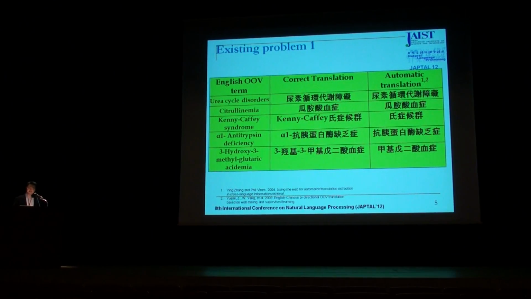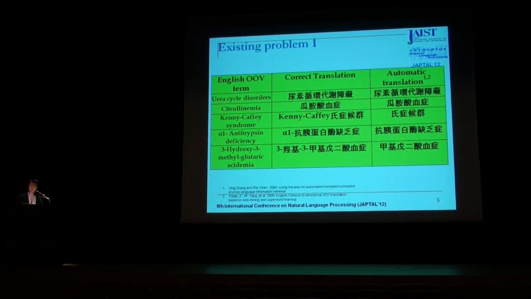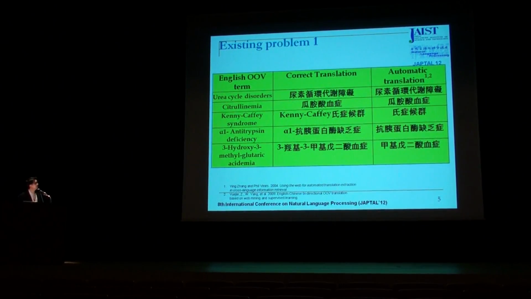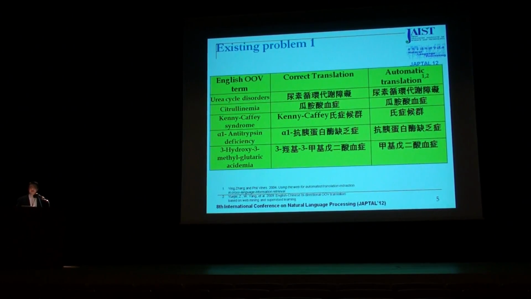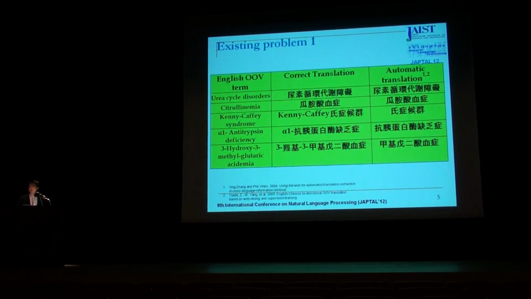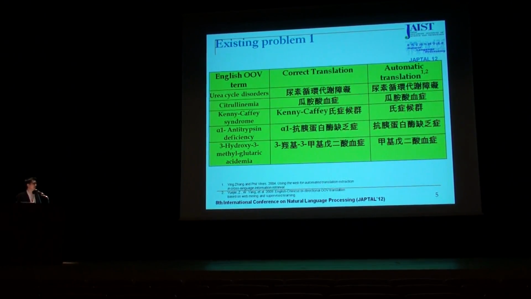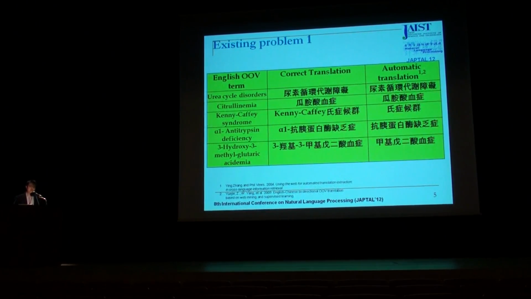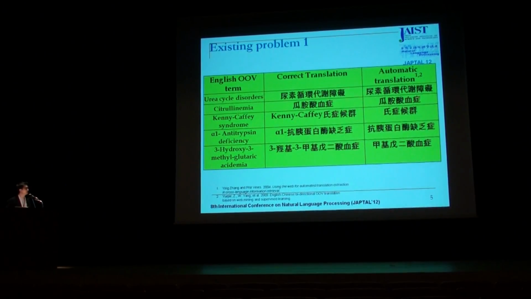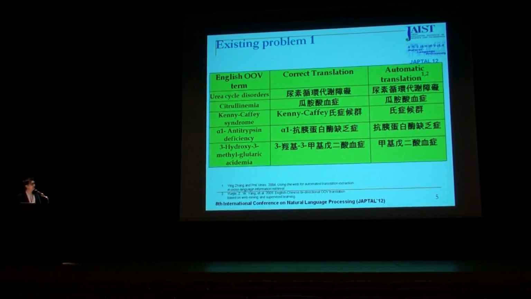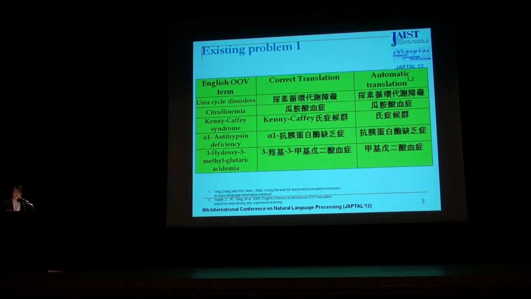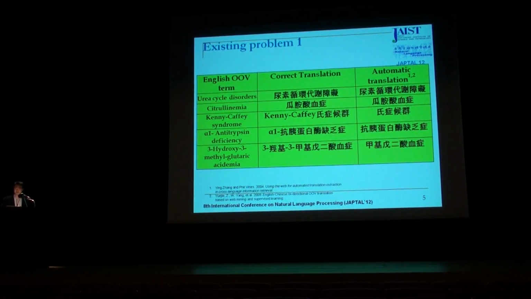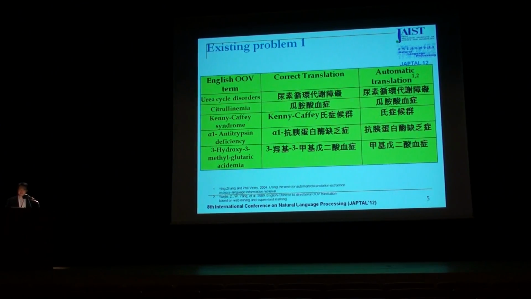So I would like to give what we call existing problem one. Here, we have 5 OOV terms. They are all technical type, and they are all diseases taken from the ICD-9. The correct Chinese translation, produced by a human, is in the second row and second column. And the last one is the result generated from 2 very famous systems. One is from Zhang and Vines in 2004.